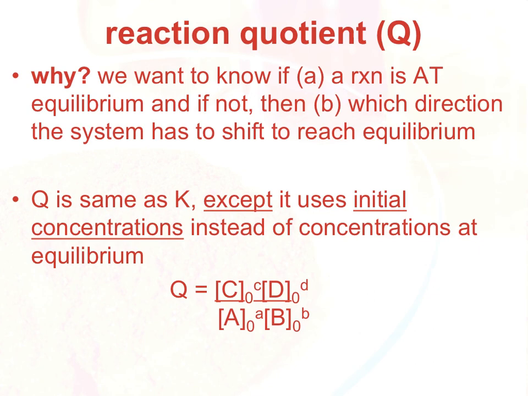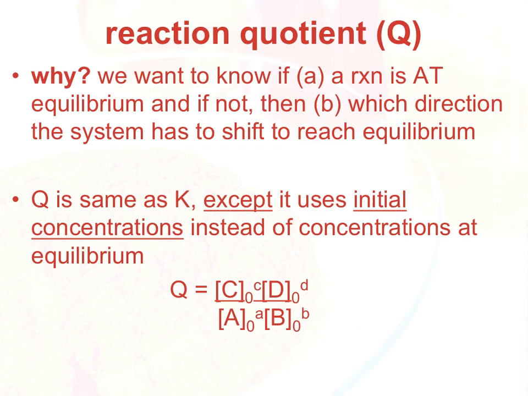However, we can use something called the reaction quotient, which is Q, to tell us a few other things. The reaction quotient Q can help us determine if a reaction is at equilibrium or not. It can also help us decide which direction the system needs to move in order to reach equilibrium.